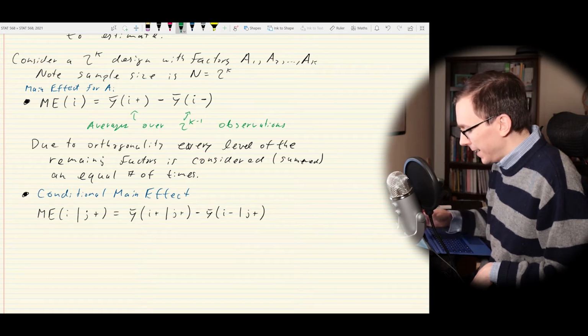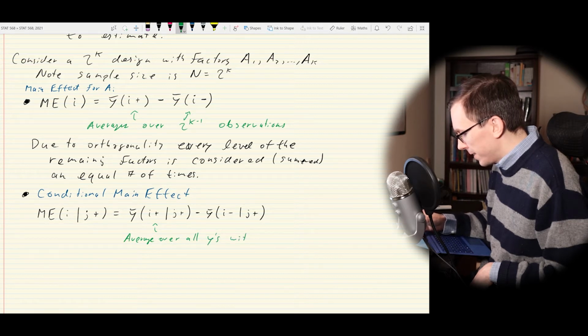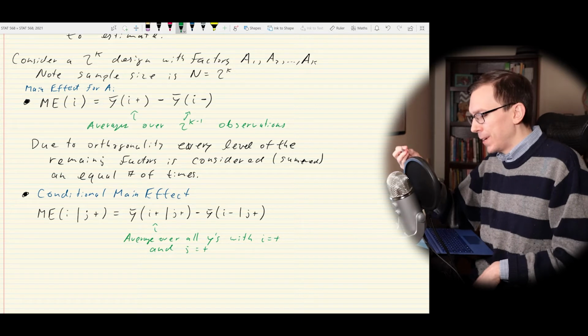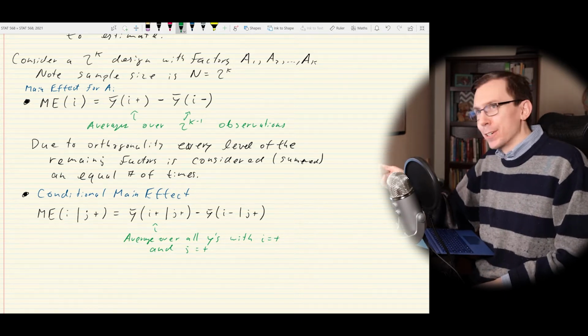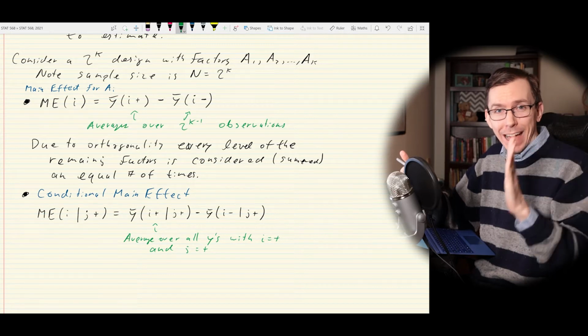And what we're doing here is averaging over all y's with I at the plus level and j at the plus level. So now we're actually averaging over a quarter of our data set because we've cut it in half and then we cut it in half again.